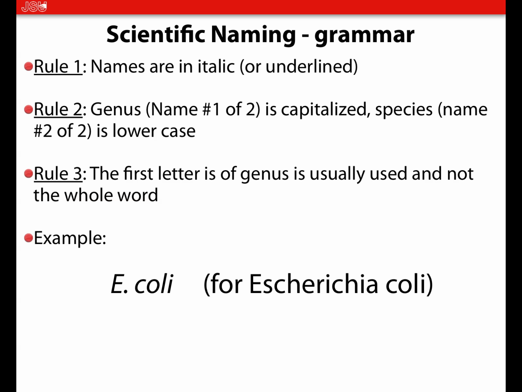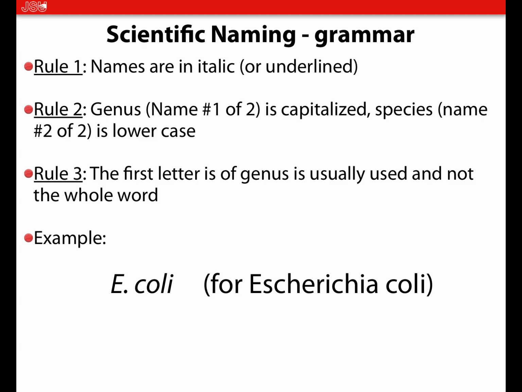So how do you write scientific names? Well, first of all, you have to italicize the name. Or you can underline it in some cases, but it's italicized. Second, the genus is capitalized. And third, the species is lowercase.